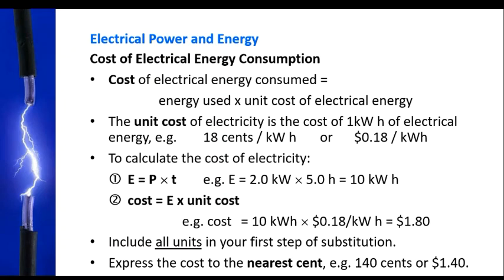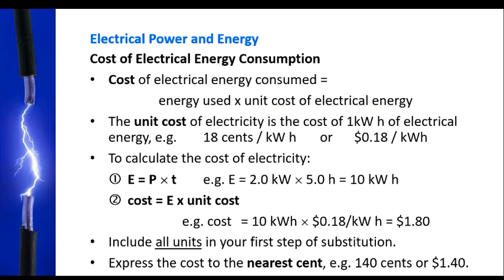To calculate the cost of electricity, first, we need to calculate the energy used. The energy used can be calculated by multiplying the power and the time used. For example, you have a 2.0 kilowatt appliance and you use it for 5 hours, so the total energy used will be 2.0 kilowatts multiplied by 5.0 hours, which gives 10 kilowatt hours.